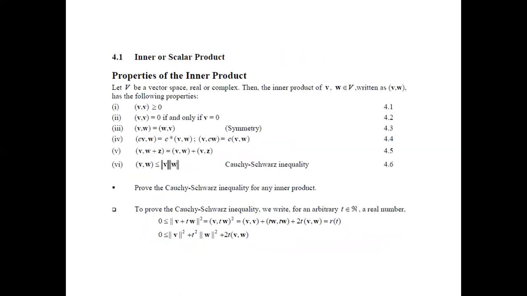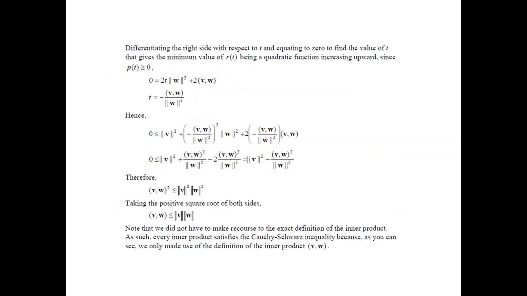0 less than or equal to, this is the last expression on this page, we're going to arrive at 0 less than or equal to norm of v squared plus (minus inner product of v and w over norm of w squared) squared, norm of w squared, plus 2 into minus (v, w) over norm of w squared, then (v, w).